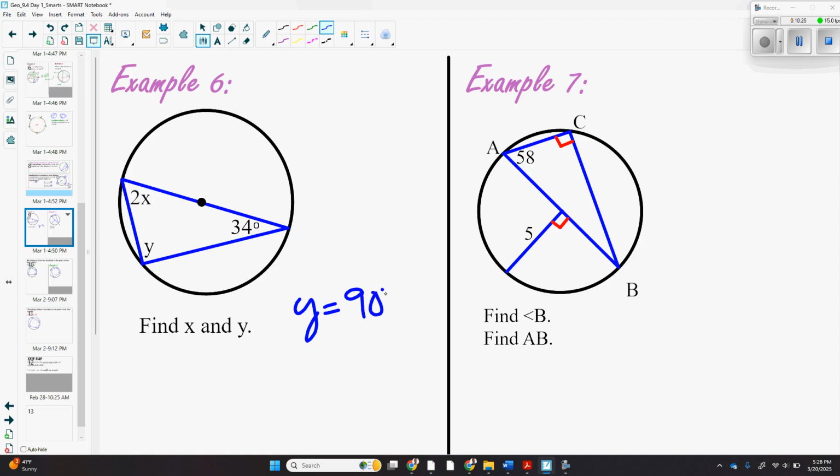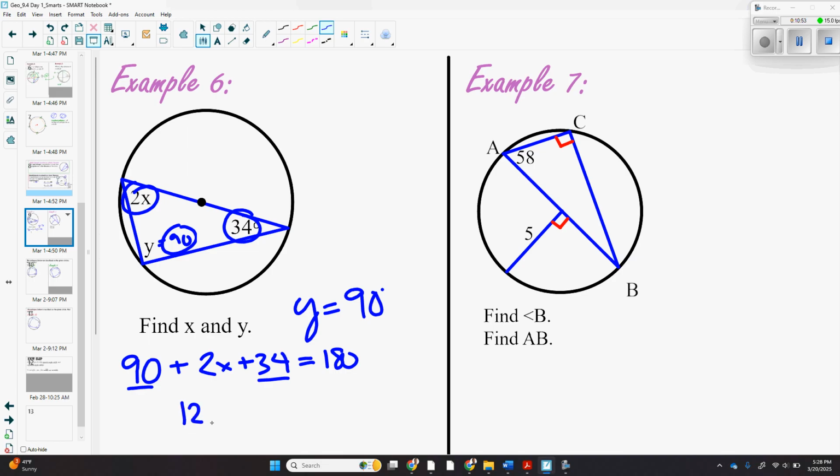Okay? And if that's true, then I know that if this is now 90, to find x, I can say that 90 plus 2x plus 34, all inside of a triangle, has to add up to 180 degrees. If I do a little bit of math here, 90 plus 34 is 124, plus 2x equals 180.